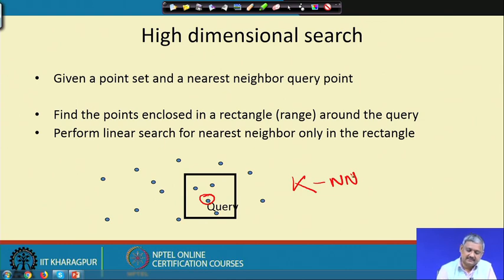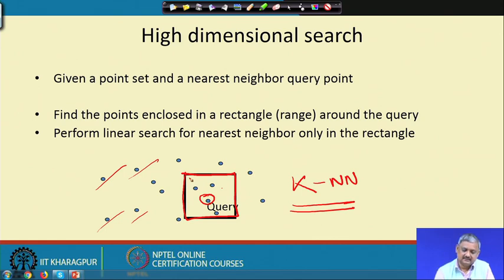You can assume that if you define a bounding box around your query, with a proper dimension and region, then you can expect that all these k nearest neighbors will lie inside this bounding box and not outside it. Definitely, for example, this cannot be a KNN, this cannot be, this cannot be. So you expect all the k nearest neighbors to lie inside this bounding box.